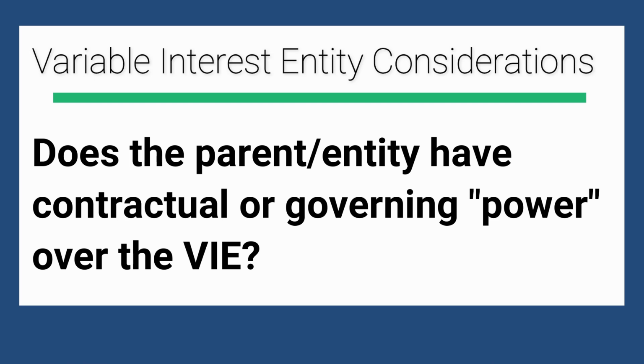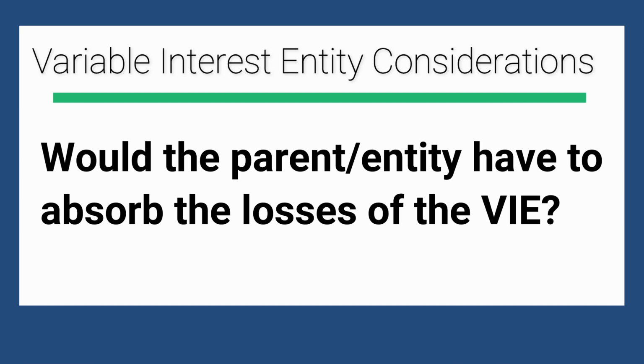Here are 3 characteristics of a VIE that might result in that entity being consolidated into the parent. 1, the parent has decision-making or governing control over the entity, even though they don't have the ownership. That might result in that VIE getting consolidated. Another is if that entity incurs losses, then that parent has to absorb those losses.